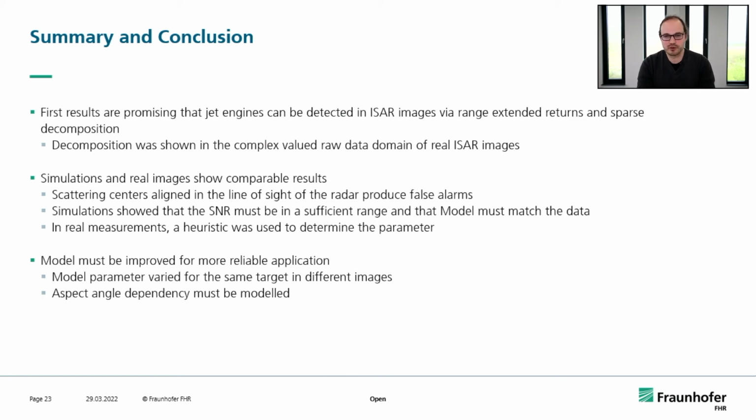As I've shown, when the aspect angle changed a lot, the change in the parameters was quite big. And another option would be, for example, that the jet engine modulation can be included. So there are many open points to continue, but this is the summary and conclusion of my presentation for now.